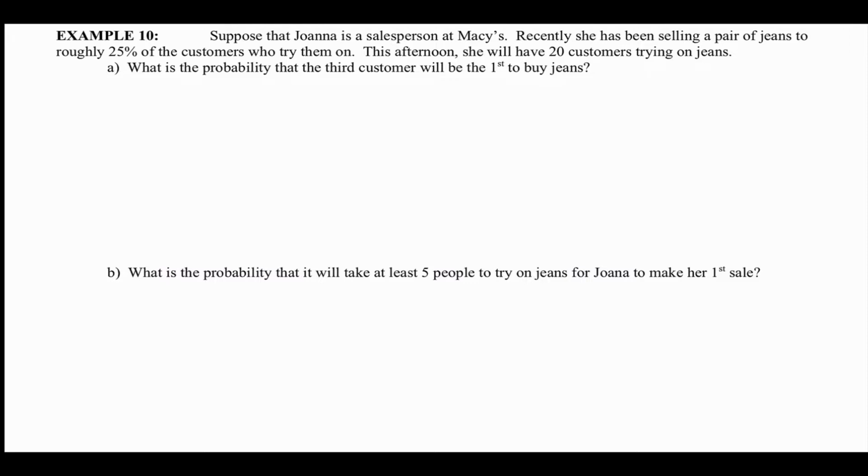Recently, she has been selling a pair of jeans to roughly 25% of everyone who tries them on. So everyone who comes in and tries on the jeans, about 25% of them end up buying. Okay. This afternoon, 20 customers will be trying on jeans. What is the probability that the third customer will be the first to buy jeans?